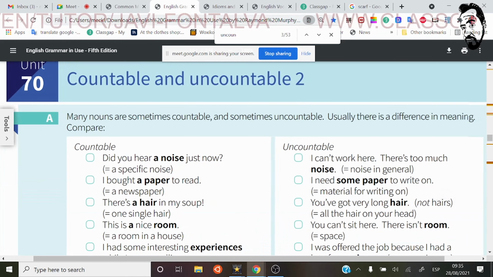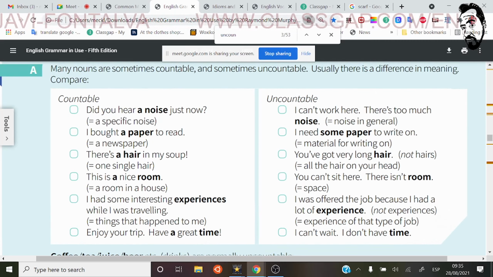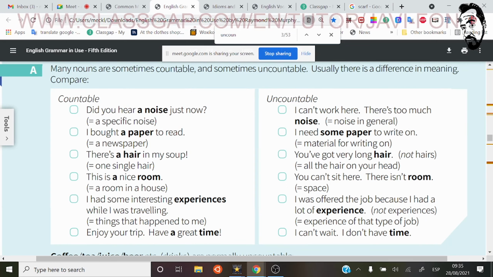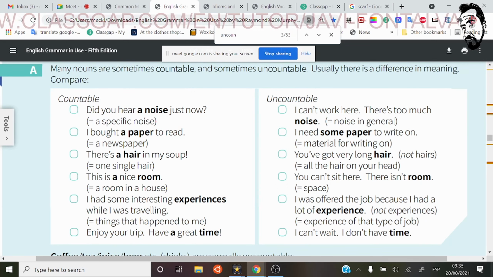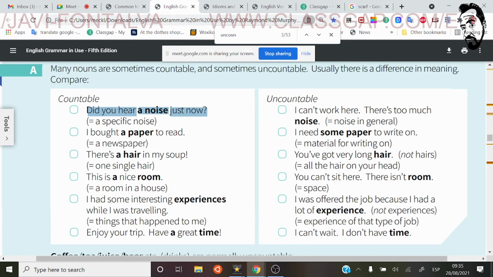Okay. So before I mentioned some nouns can be both countable and uncountable. So sometimes the same noun can have two different meanings depending on what you mean. It can be countable or uncountable. Okay, we're going to read these sentences.